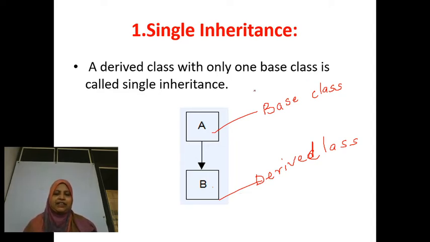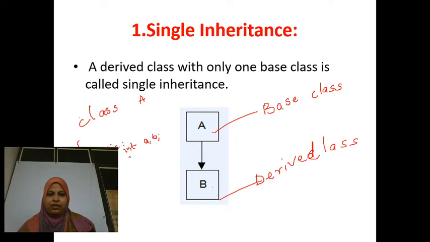What are the different types of functions? For example, class A is there. In class A, I am going to declare two data members, a comma b, and one member function, void add.